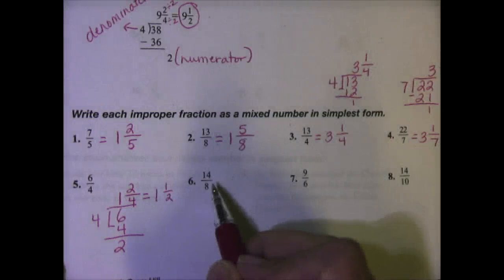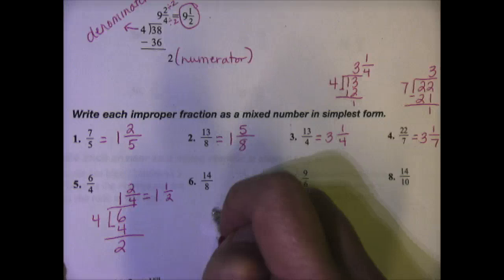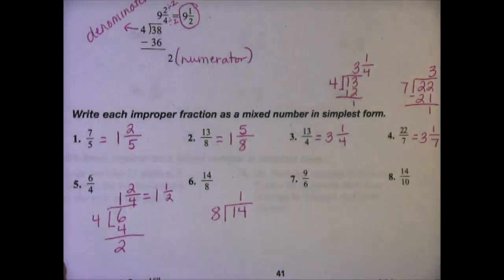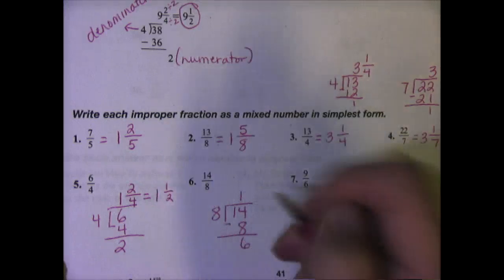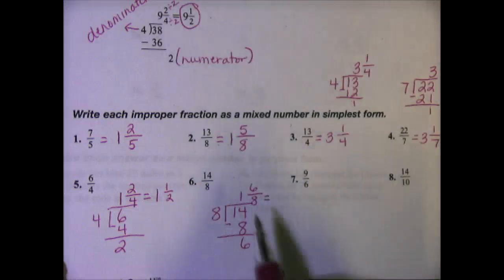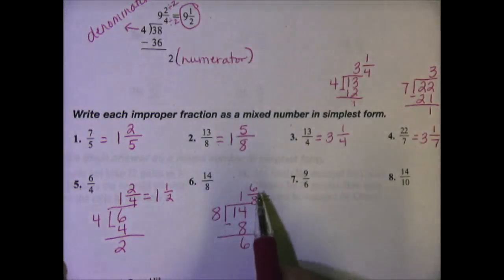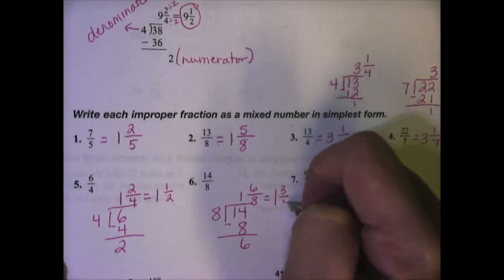Number 6, 14 over 8. 14 divided by 8. 8 goes into 14 one time. 1 times 8 is 8. 14 minus 8 is 6. So I have 1 remainder 6 over 8. But I can simplify 6/8 because they're both even numbers. They divide by 2, 1 and 3/4.